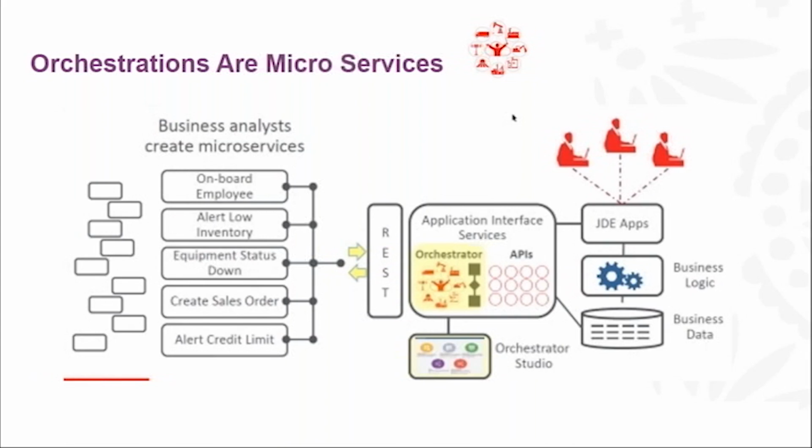You can have orchestrations to create a sales order and a different orchestration to change a sales order, or get employee information or customer information would be a separate orchestration, but you can bundle all these things together to perform a specific function. In 9.2.3, in the later version of JD Edwards, you can also call orchestrations from within the JD Edwards platform. So that opens up a whole new world on how you can utilize orchestrations.